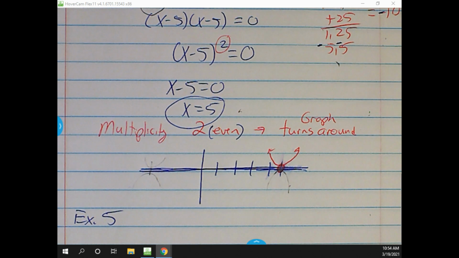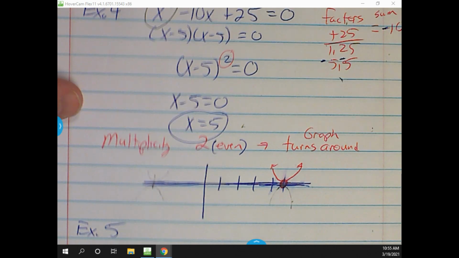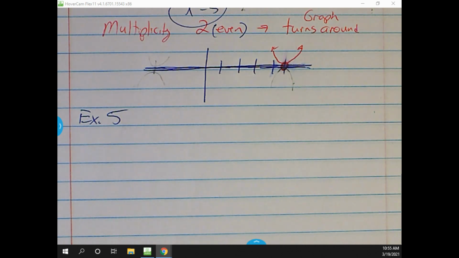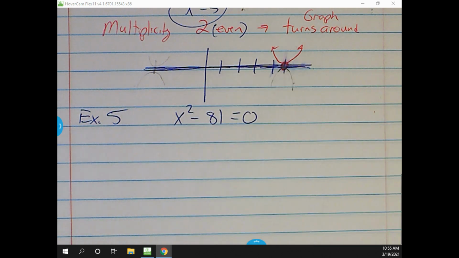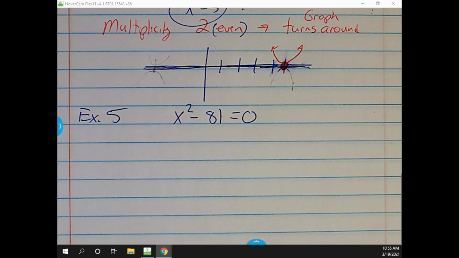All right, so let's give you one here. I want to give you this one just so you can think about it a little bit. So if you've got x squared minus 81.